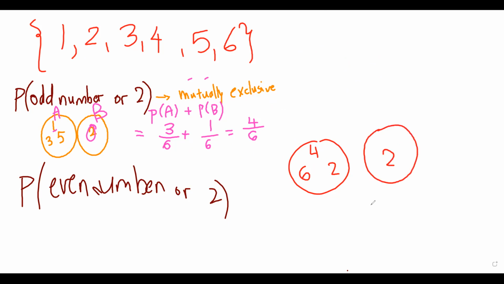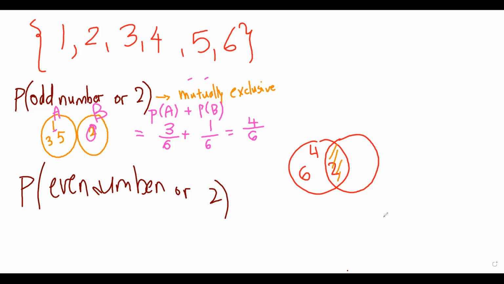So these are the two events. Now, is there a number that could be even and 2? Yes, miss, number 2. So there is a number that is mutual. Let's make the circles like this. This overlap means there's a common outcome, and yes, there's a number that can be even and can be 2.